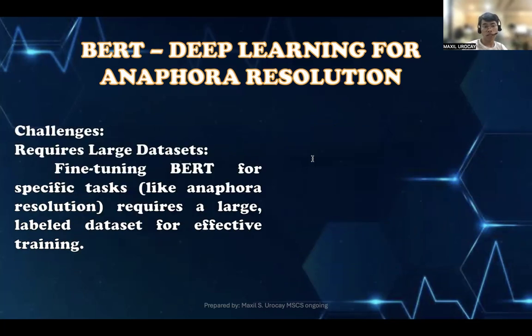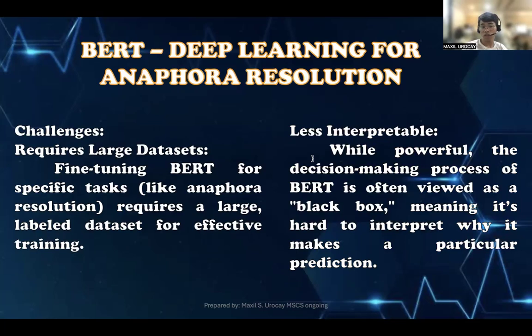Another challenge is that it requires a large data set. Fine-tuning BERT for a specific task like anaphora resolution really requires a large labeled data set for effective training. And then it is less interpretable. The decision-making process of BERT is often viewed as a black box, meaning it is really hard to interpret why it makes a particular prediction.